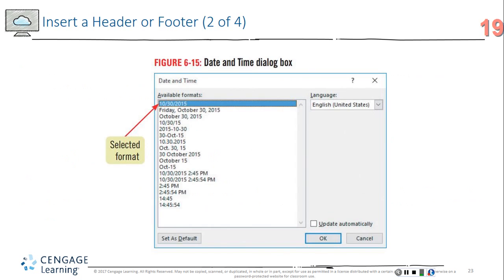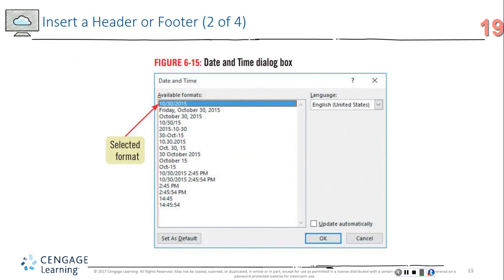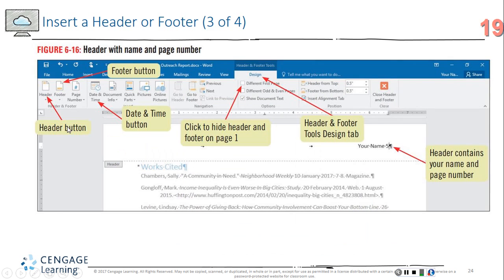Alright, so in this case, this example is showing where we would insert a date and time. We select the format that we would like to use and click OK. And you can see, well, actually it doesn't give an example here, but above the dotted line here is where our header would be located.